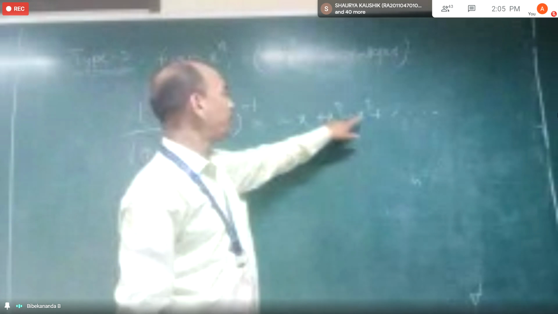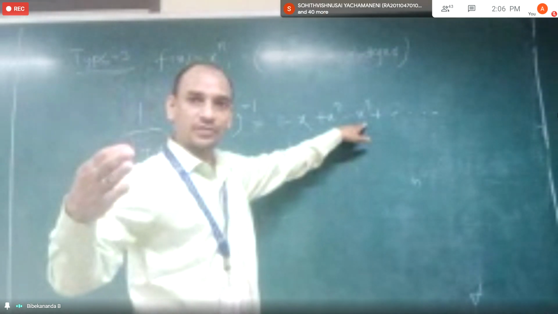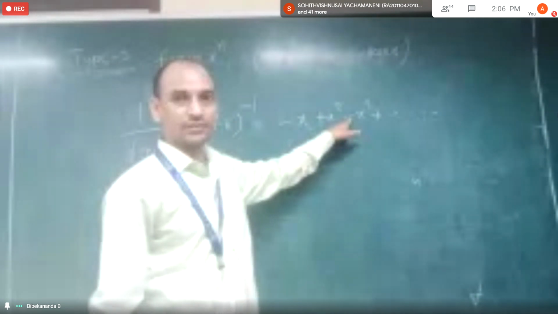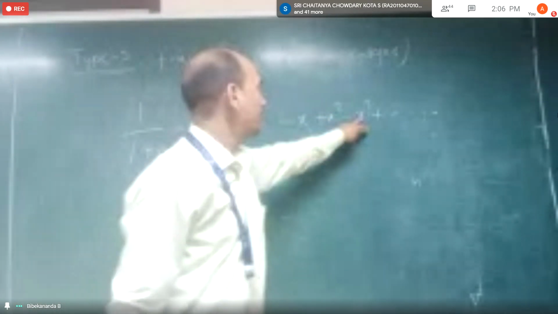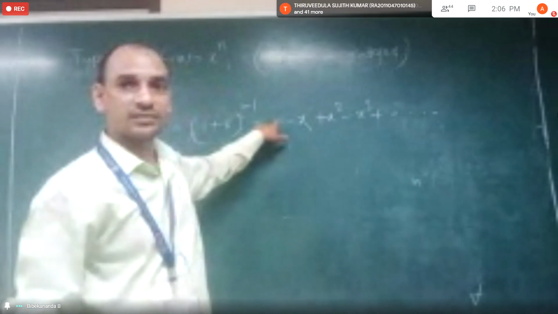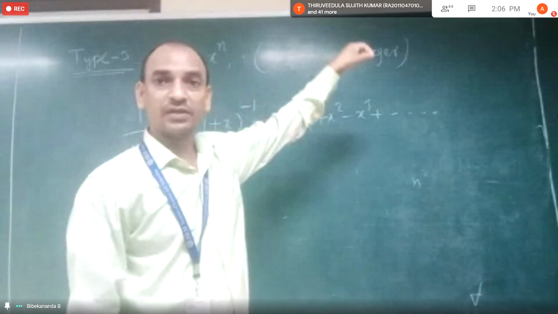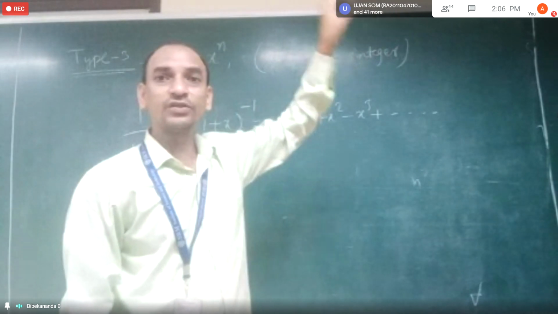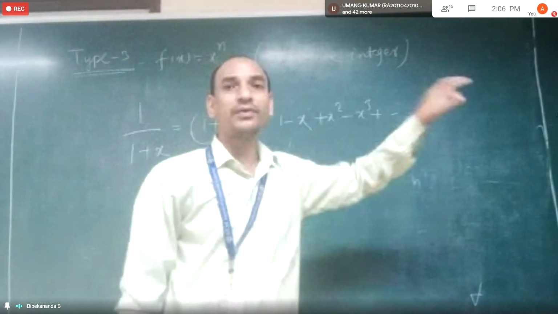Then 3, 4: x cube is at an even position, so I will say minus. Similarly 6, 7, 8, 10, like that. All the even-position terms will be negative. All the odd positions, first, third, fifth, 7, 9, will have a positive sign.